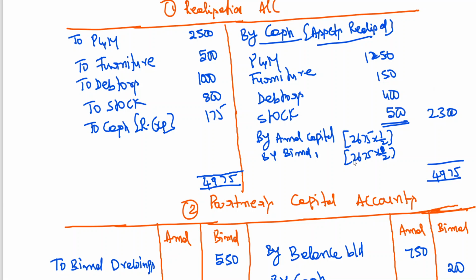2675 divided equally, 1338 and 1337. Okay, 1 rupee we are adjusting, we are rounding off. This is loss.